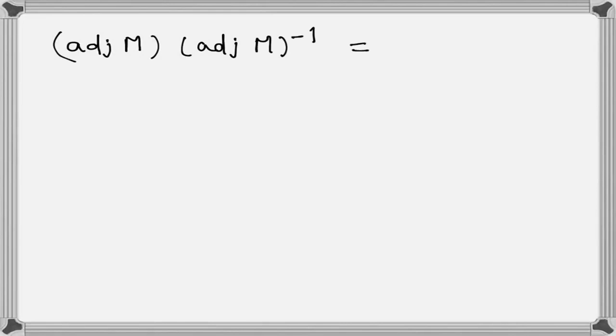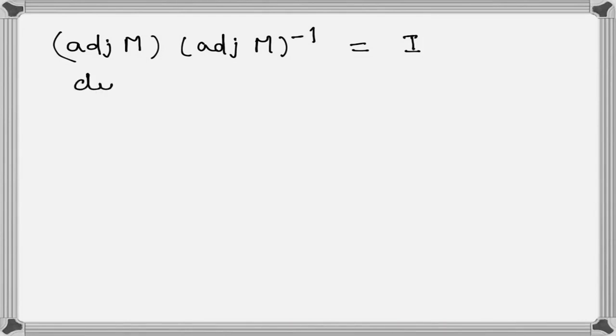So we know that adjoint M into adjoint M inverse, this is true for any two matrices, right, is nothing but the identity matrix. All right, so what is adjoint M?